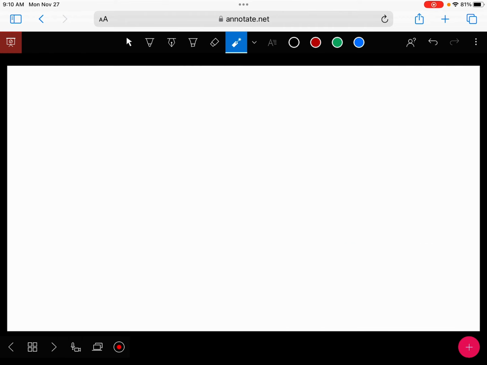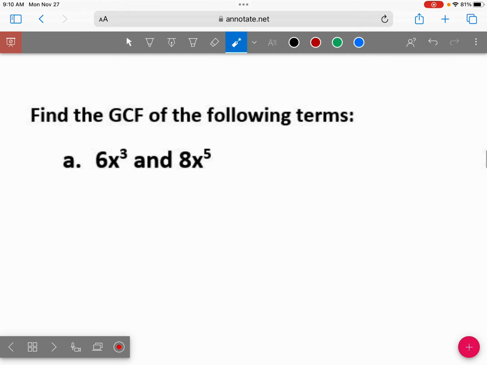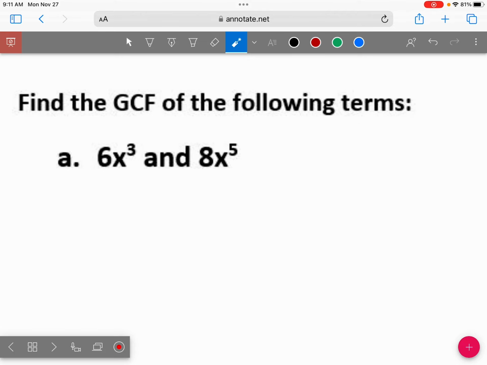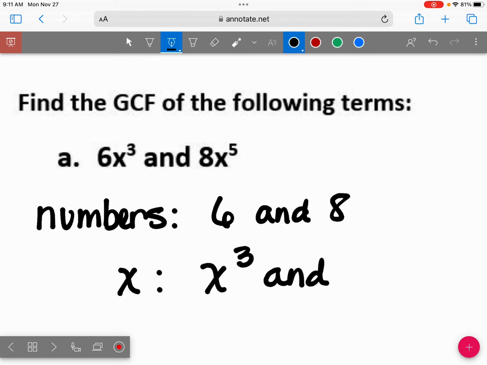All right, so let's go ahead and look at some of these examples together. On page 11, what would be the GCF? So we're going to look at it. We have numbers. So my numbers are 6 and 8. And then for variables, for x, I have x to the third and x to the fifth. Notice that I had to separate that.